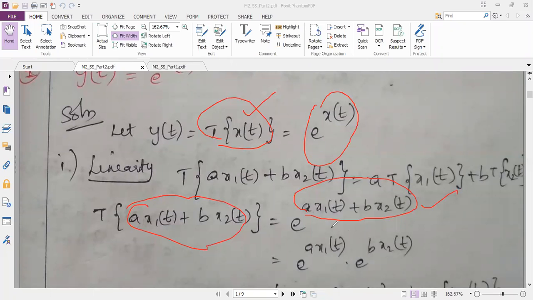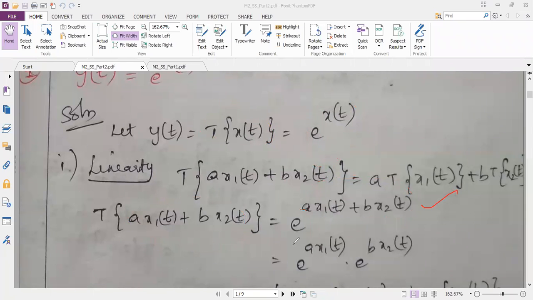Okay. Now the next operation possible here is I can multiply e power terms, or I can split the terms. So it is e power a into x1 of t multiplied with e power b into x2 of t. This is the operation I will get.